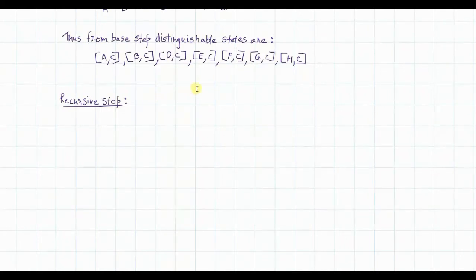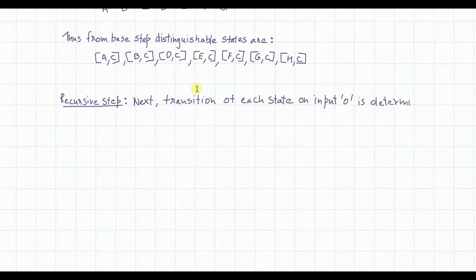Next, the transition of each state on input 0, because 0 is the first input alphabet, is determined as follows.